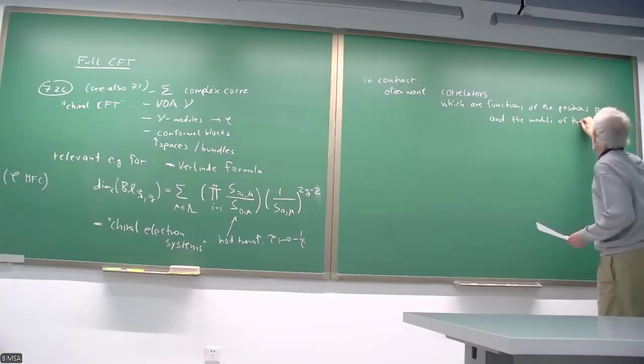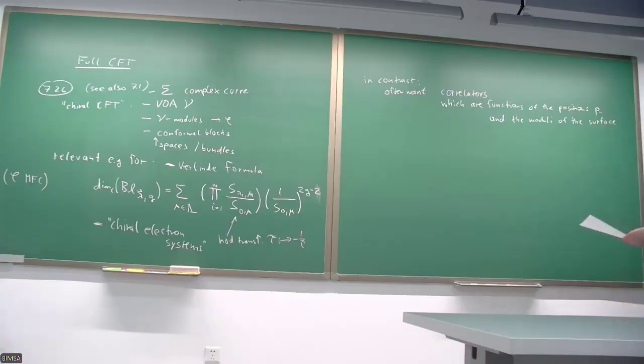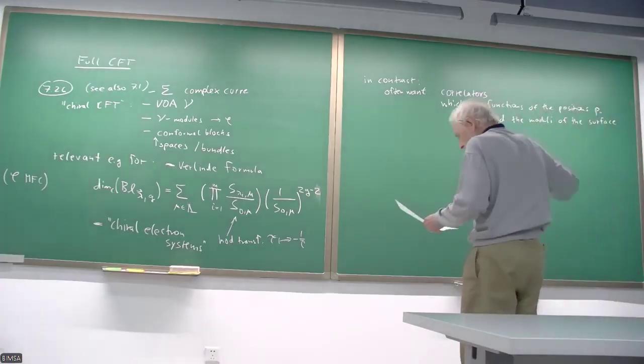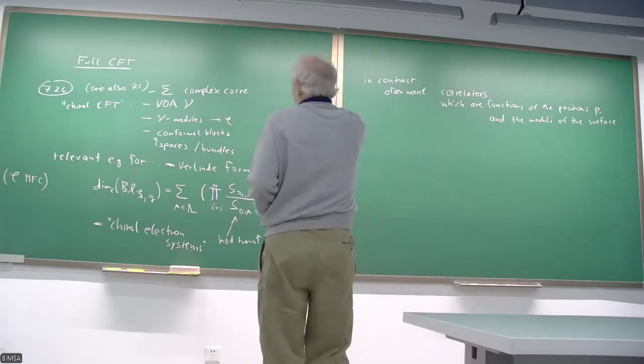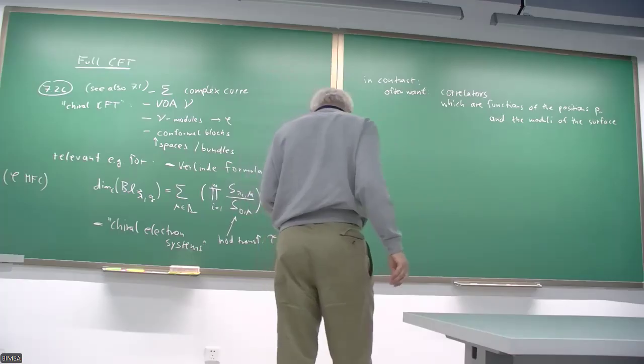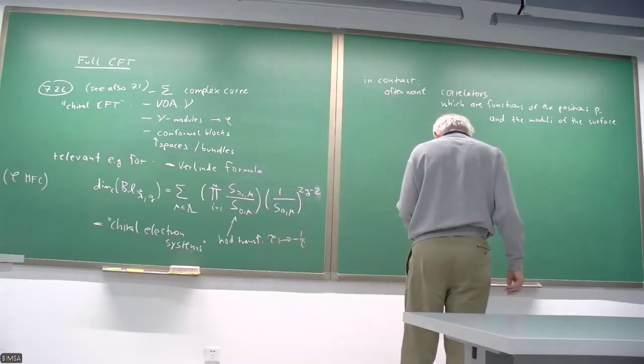Let me be precise, not quite sigma here. The point is that we will not deal with a complex curve, but just with a conformal manifold, and we'll say more about this.